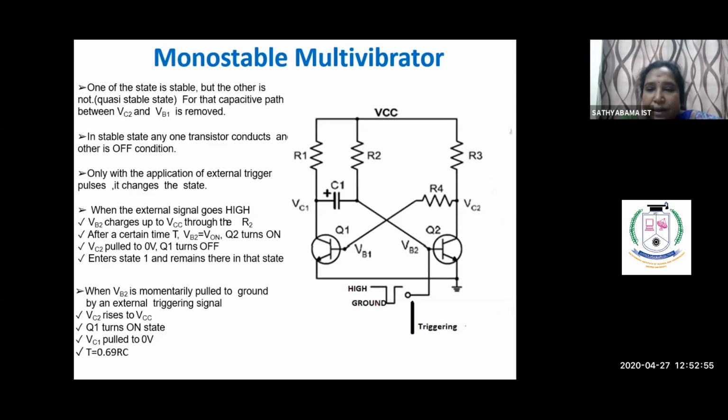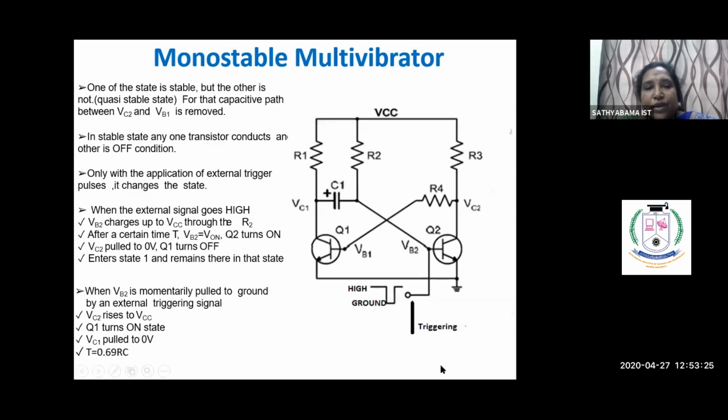So now transistor Q2 is off and VC2 rises to a high voltage, and it raises VB1, so transistor Q1 is in the switched-on condition. If it is switched on, VC1 is equal to 0 and it pulls the Q2 transistor to the off condition. So this is what happens in the monostable multivibrator.